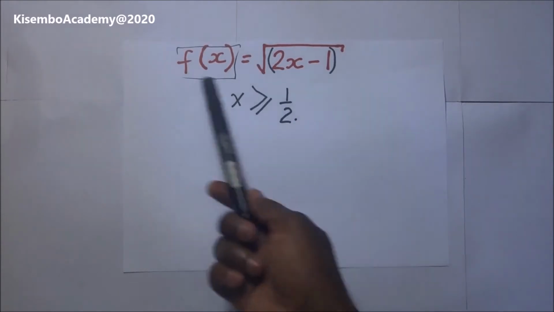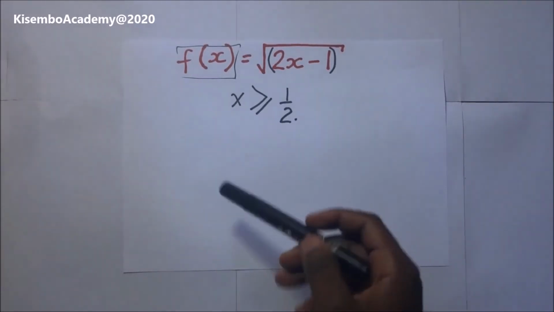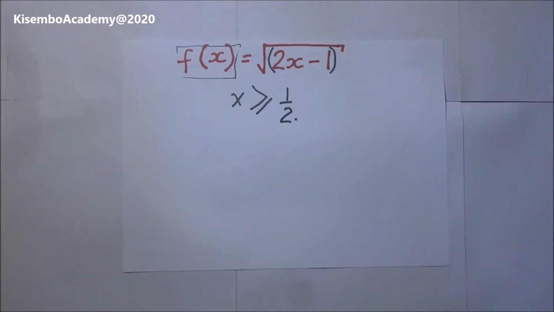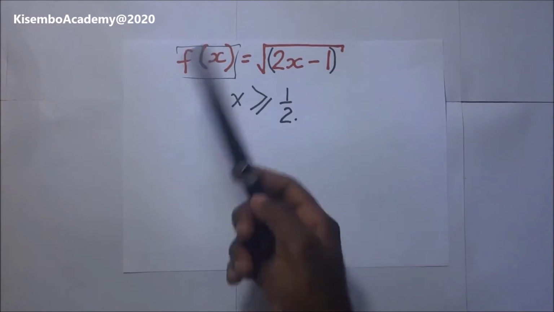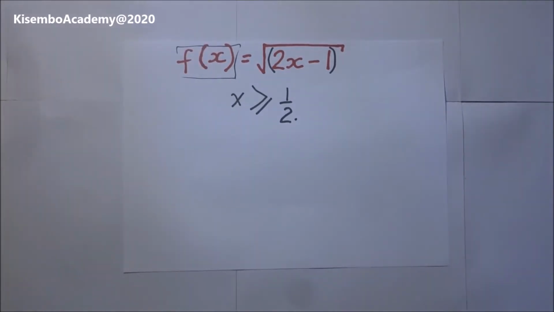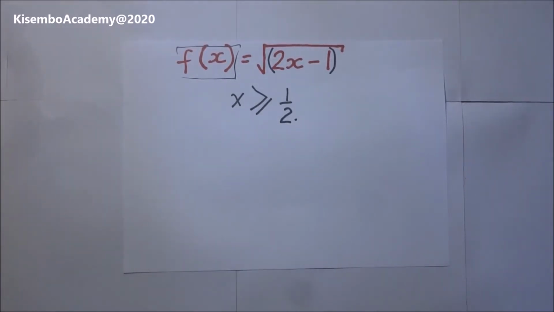For example, in this function, we can simply say that the domain is x greater than 5. We can choose any set or limitation for this function. So the general rule is that unless the domain is explicitly stated, the domain is assumed to be all real values that produce real numbers as outputs.